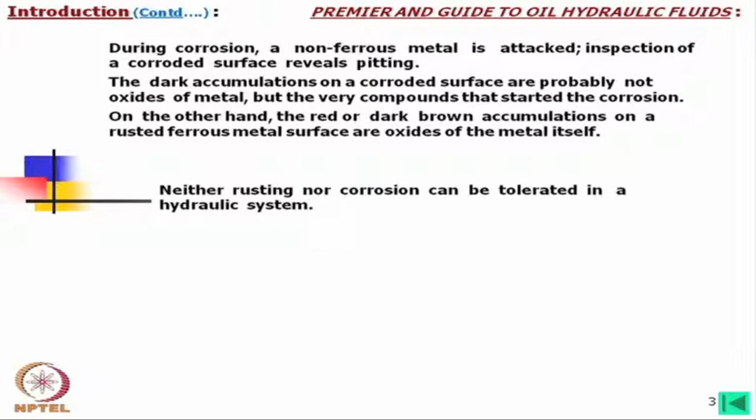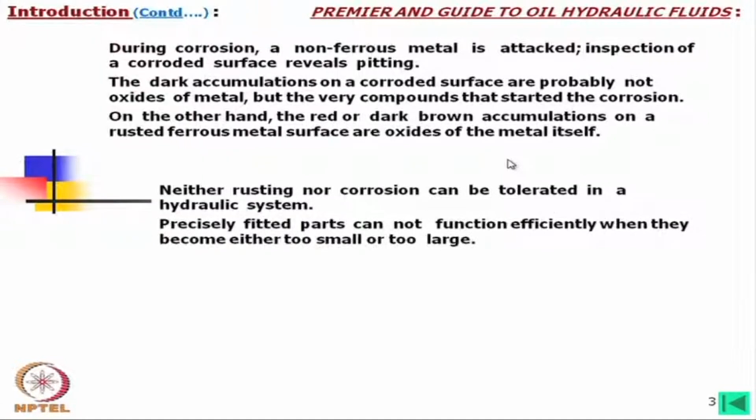Neither rusting nor corrosion can be tolerated in a hydraulic system. Precisely fitted parts cannot function efficiently when they become either too small or too large. This means that due to corrosion, if some material wears out, the part will become small, and if it is rusted, it becomes large. Not very big or very large in that sense.